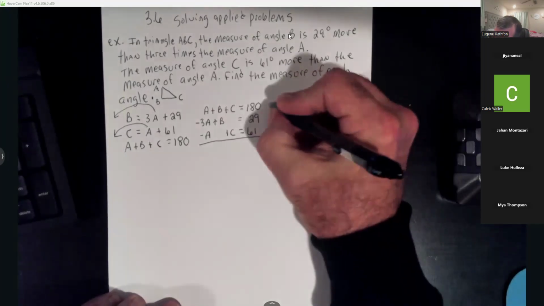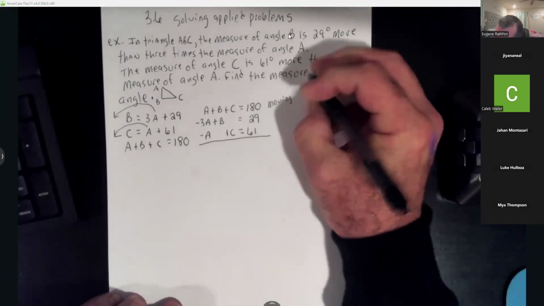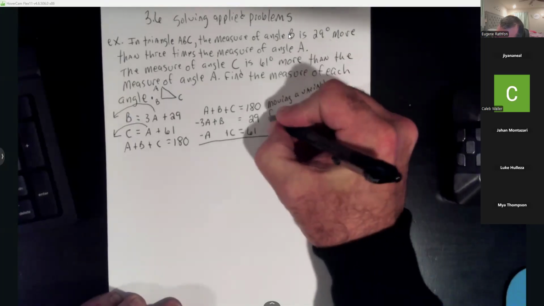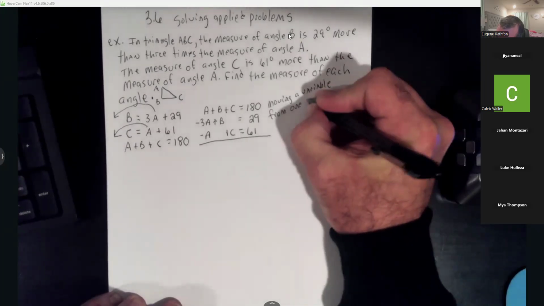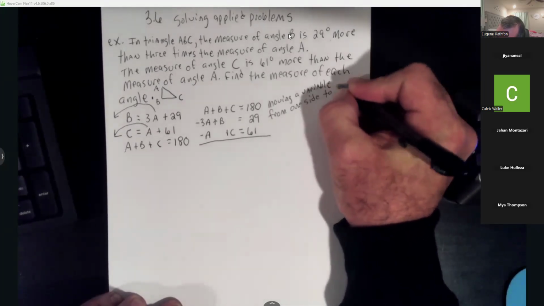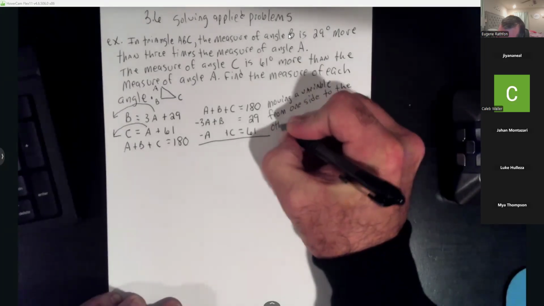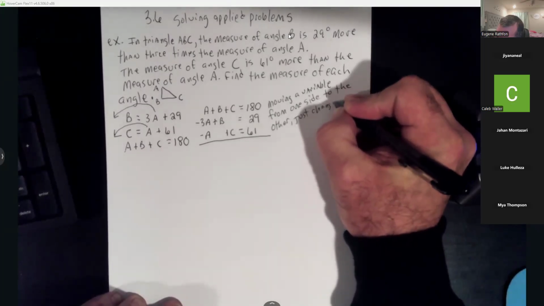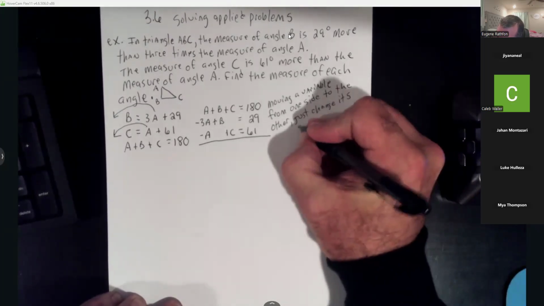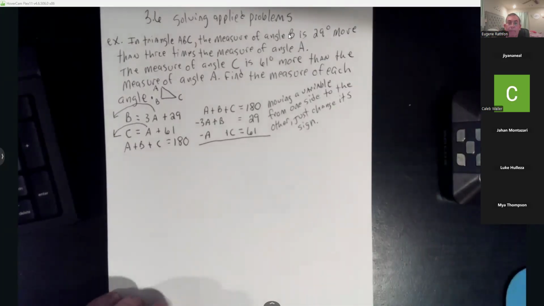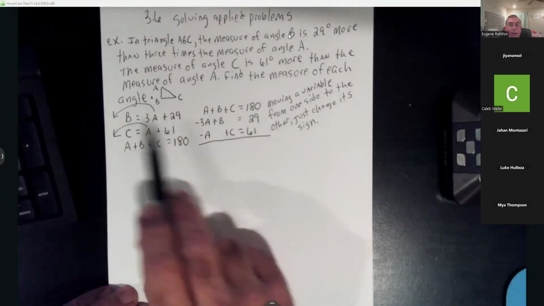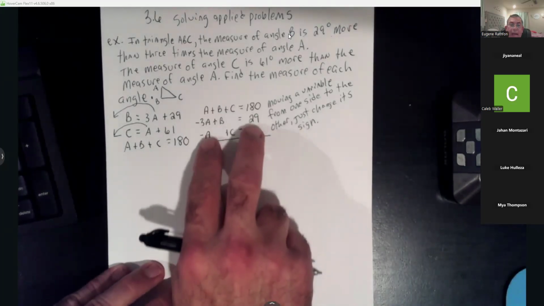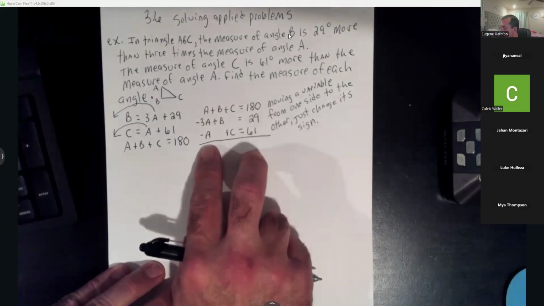So remember, moving a variable from one side to the other just changes its sign. That's what we did with the 3A, made it negative, and this A, made it negative. Now, I've got my system right here that we're about to solve.